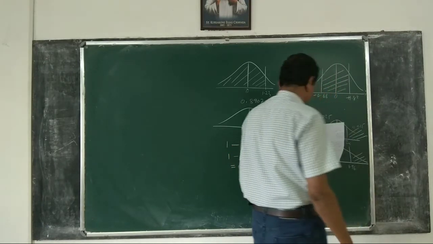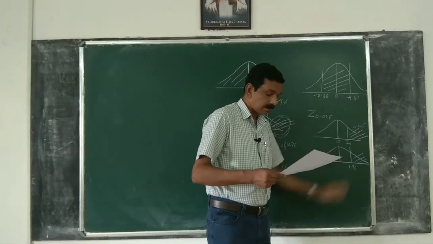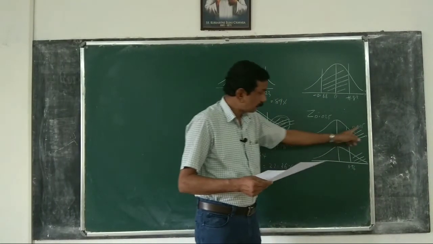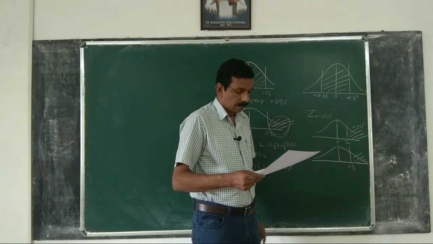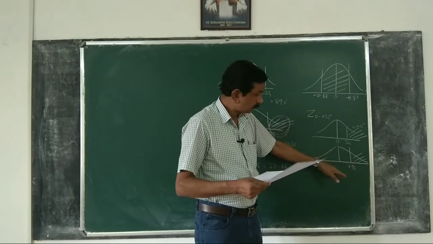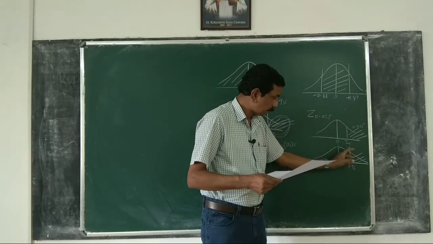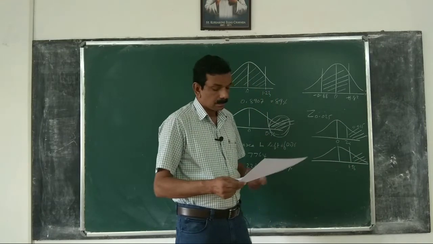The Z score that has an area to the right of 0.025, the corresponding Z is 1.96.